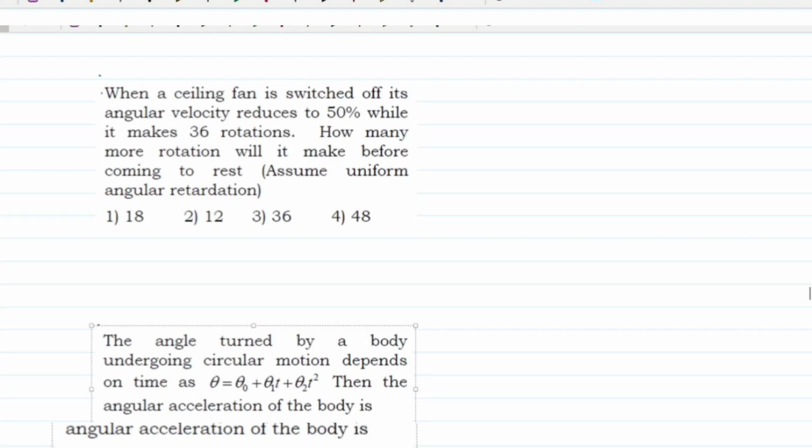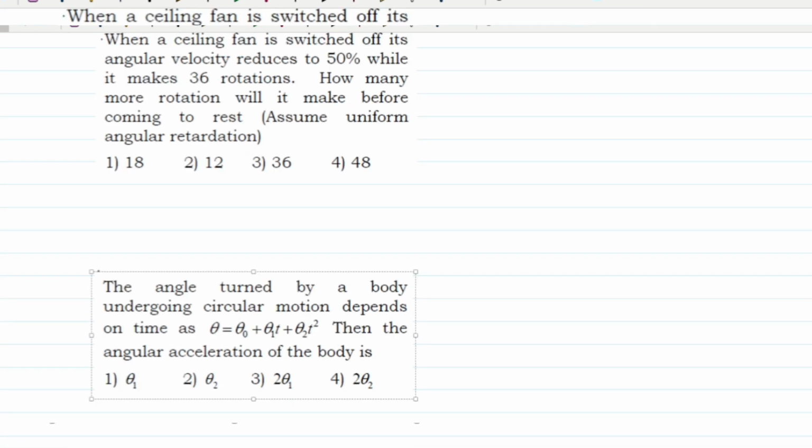The next question says, when a ceiling fan is switched off, its angular velocity reduces to 50% while it makes 36 rotations. How many more rotations will it make before it comes to rest? So here they are asking the further n value.